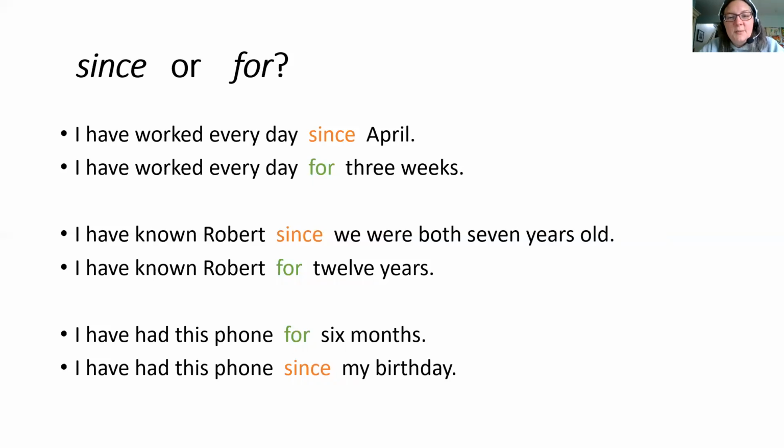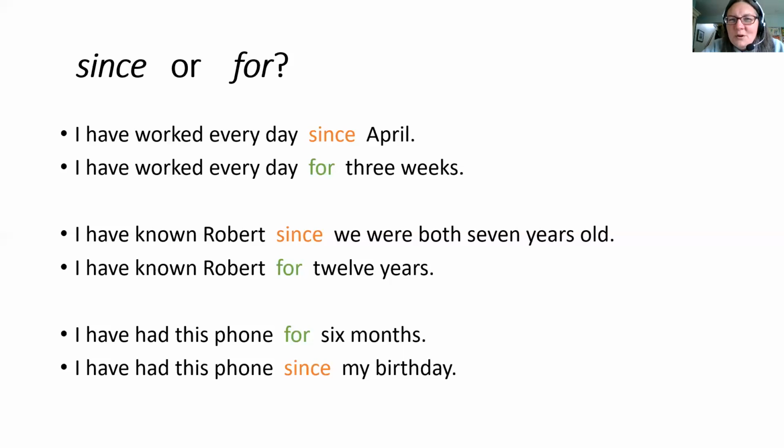Taking a look at the second pair, we were both 7 years old. That's very specific. That's a very specific point in time when Robert and I were both 7 years old. So we would need since. That's very specific. 12 years is a length of time. So that would require for. And down in the third example, 6 months is another length of time.